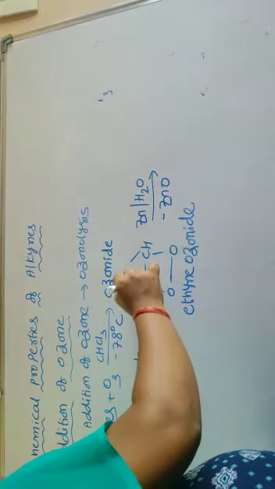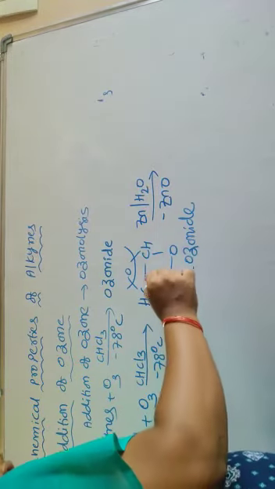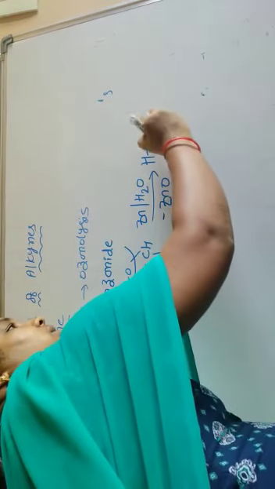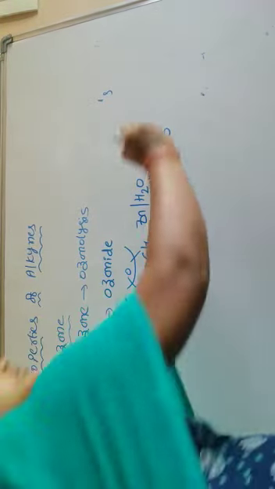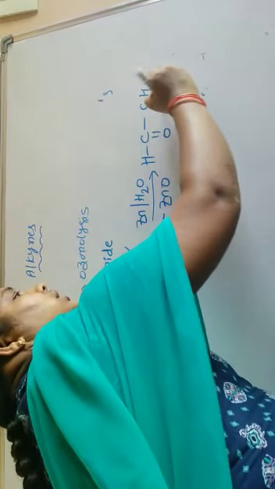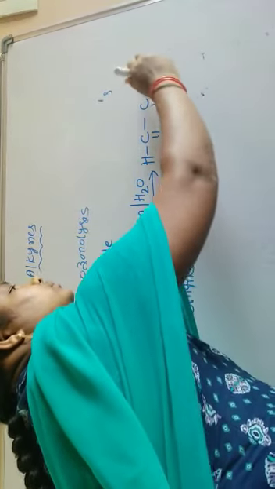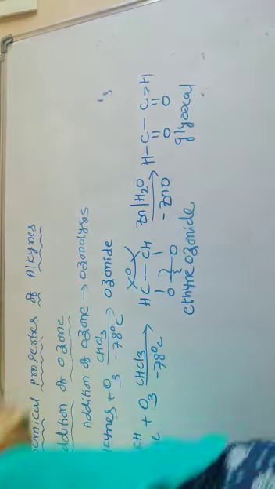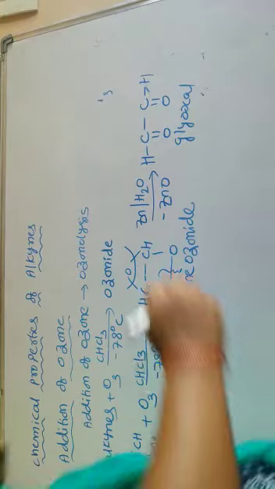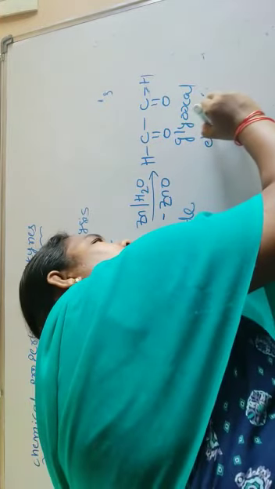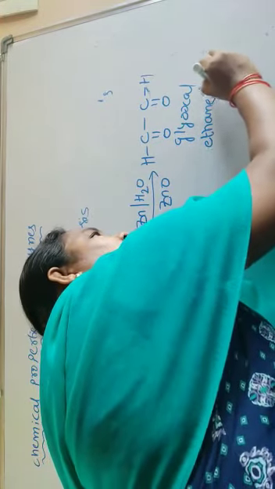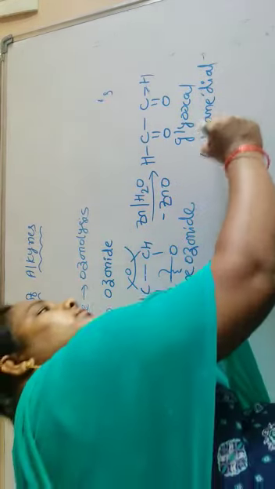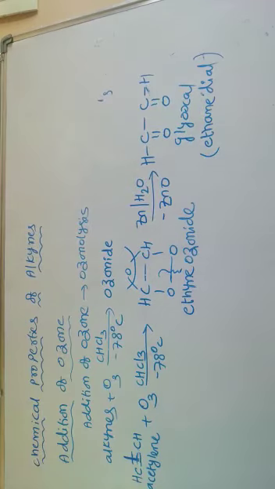This oxygen is taken by the zinc and breaking of this bond takes place and forms HC double bond O, CH double bond O. This is the glyoxal. Glyoxal, and the IUPAC name is ethanedial, with aldehyde groups. Glyoxal or ethanedial, that is on reductive cleavage.